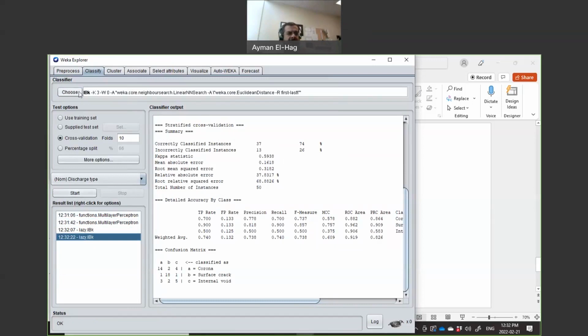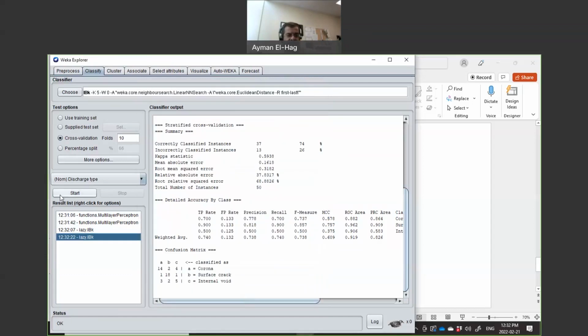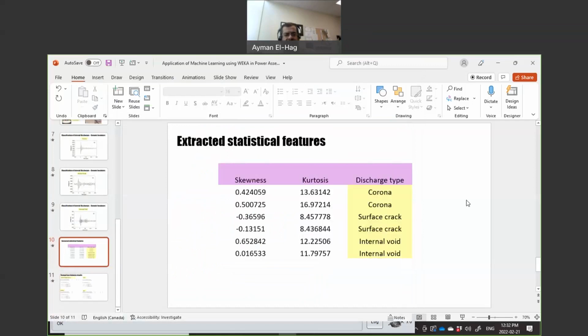Let's try to go to 5 and see if there's any improvement or further reduction. Start, we go back to 78%. So far 84% is the highest classification accuracy we got from all the classifiers.